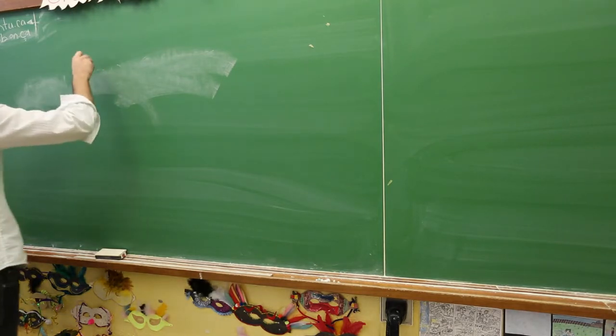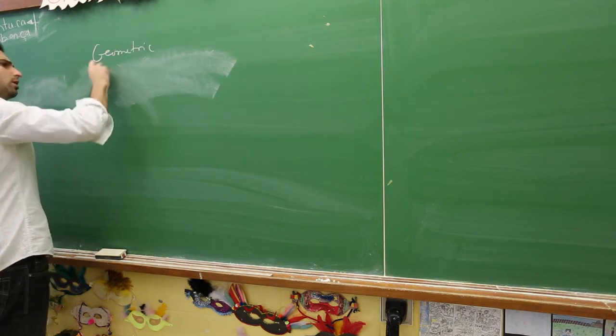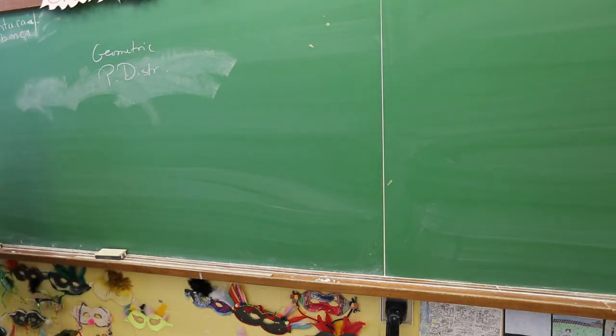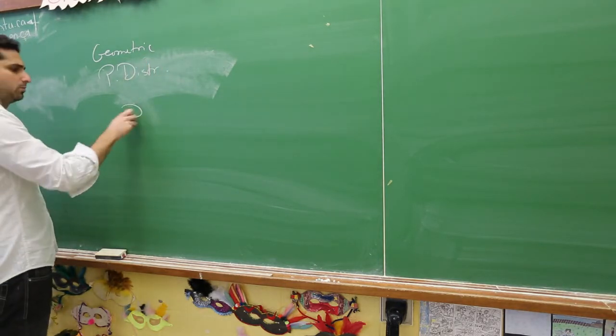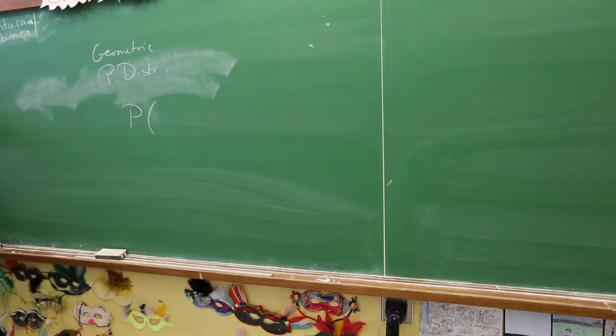Another one that they expect you to be familiar with in high school is the geometric probability distribution. And it has commonality with a binomial distribution. So I guess we can write here, the first one we did was binomial. Now, by the way, all these distributions that we are doing at this stage of the course are discrete, they're not continuous.